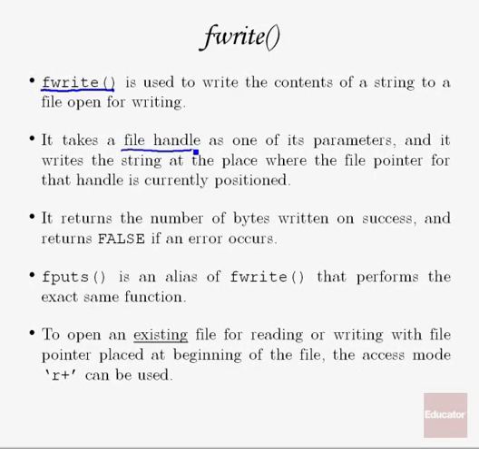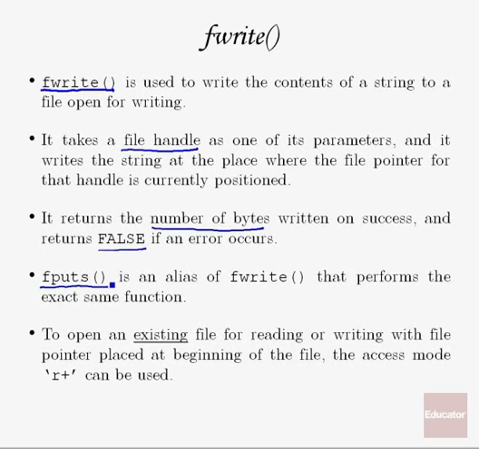If it's successful, it returns the number of bytes it was able to write, and if an error occurs, it returns false. One thing to note is that you may also see the function fputs used, and basically that's an alias of fwrite. It does the same exact thing. In this course, we're just going to use the fwrite method.